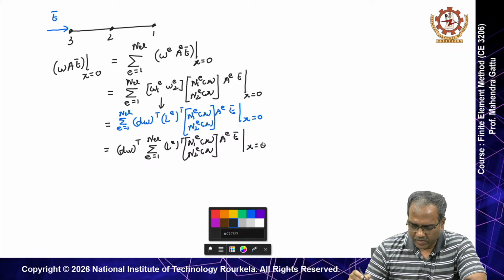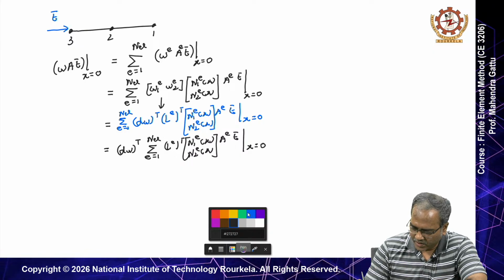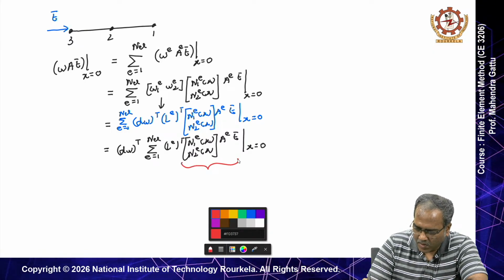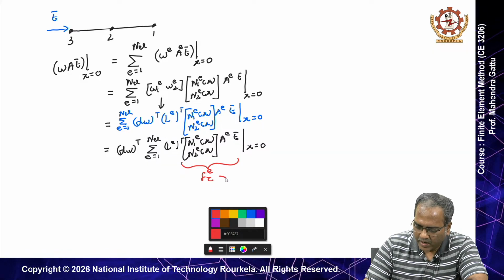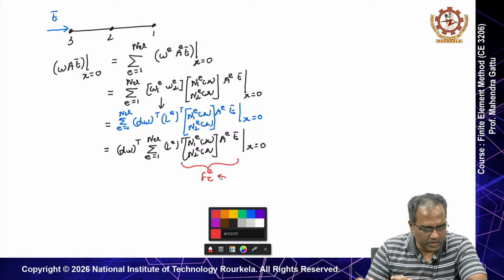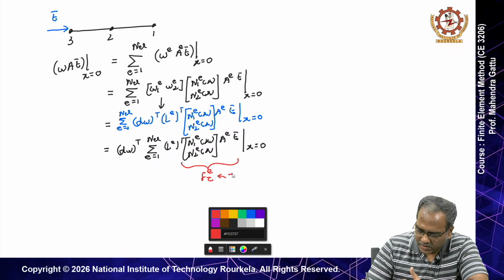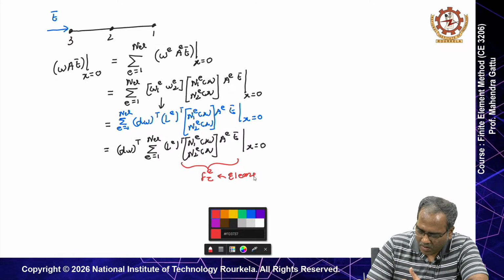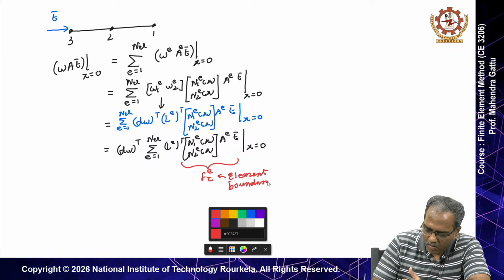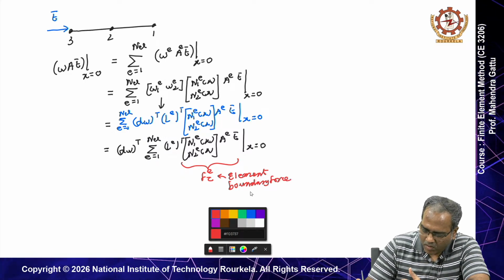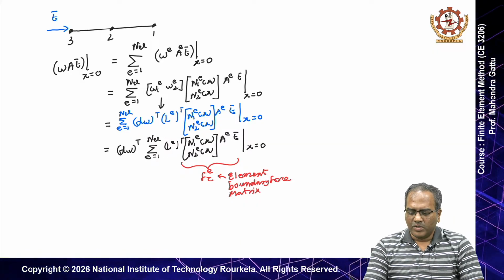So, we will denote this part by F E tau, okay. The terminology used is, it is the element boundary force matrix. Okay. So, it looks very abstract.